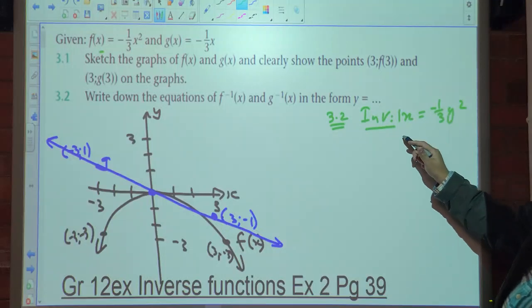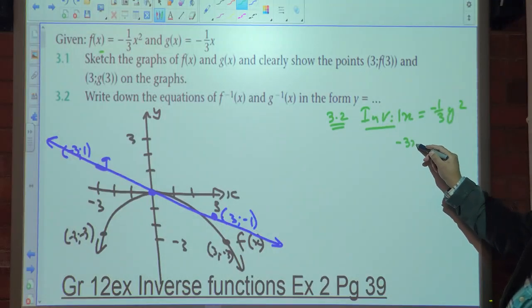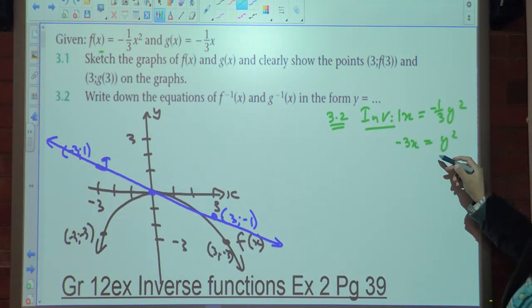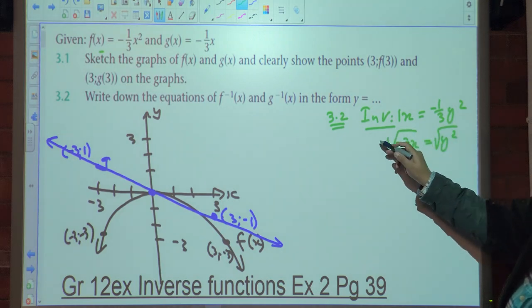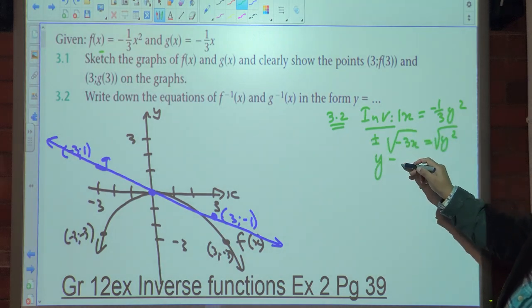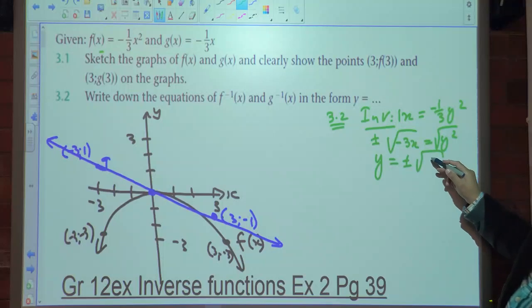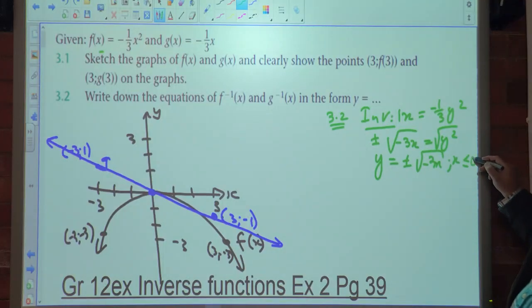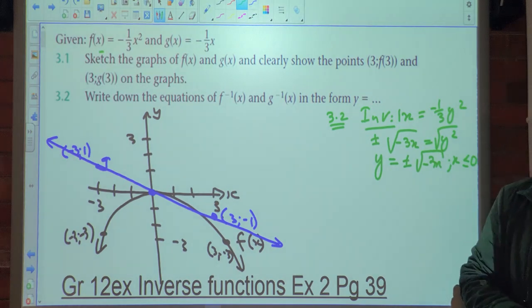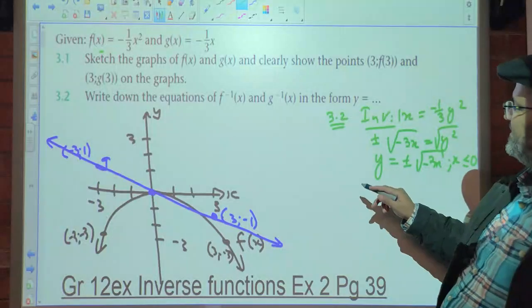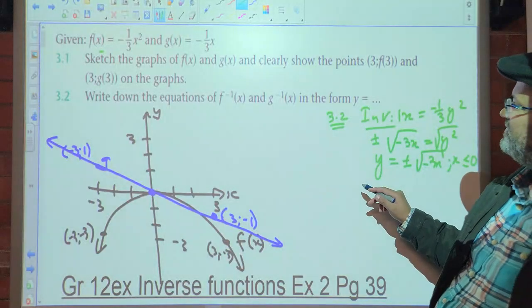So 1 divided by negative a third is negative 3, so negative 3x is equal to y squared. What do I do now? Square root. Do not forget plus minus. So y is equal to plus or minus the square root of negative 3x. What do we know about x here? X must be negative, otherwise you will have a negative under the root. So this is the inverse of f.